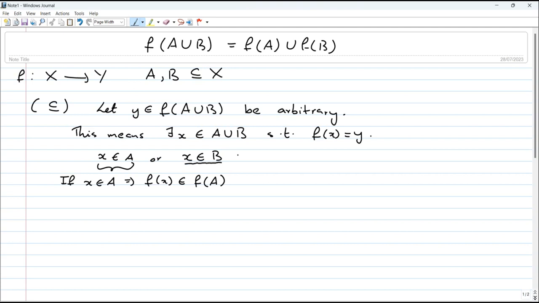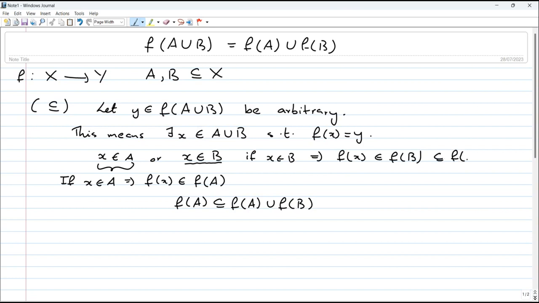If x is in B, then f of x is in f of B. Okay, so there are two cases, either x is in A or x is in B. If x is in A, then f of x is in f of A, but f of A is a subset of f of A union f of B. And f of B is also a subset of f of A union f of B.